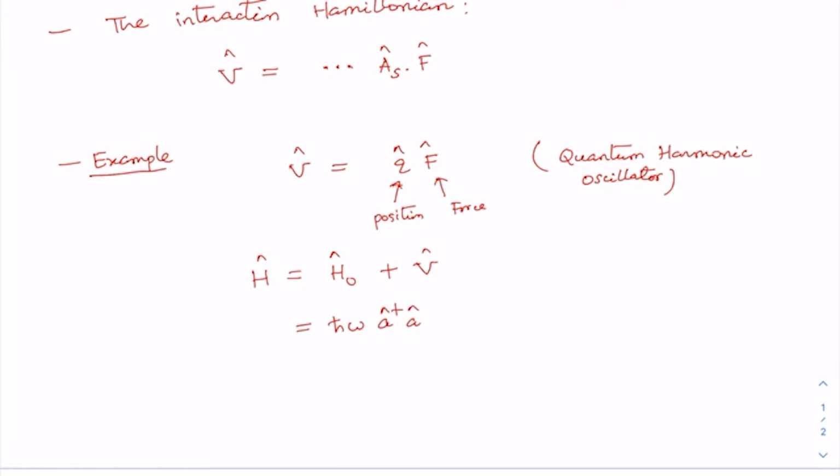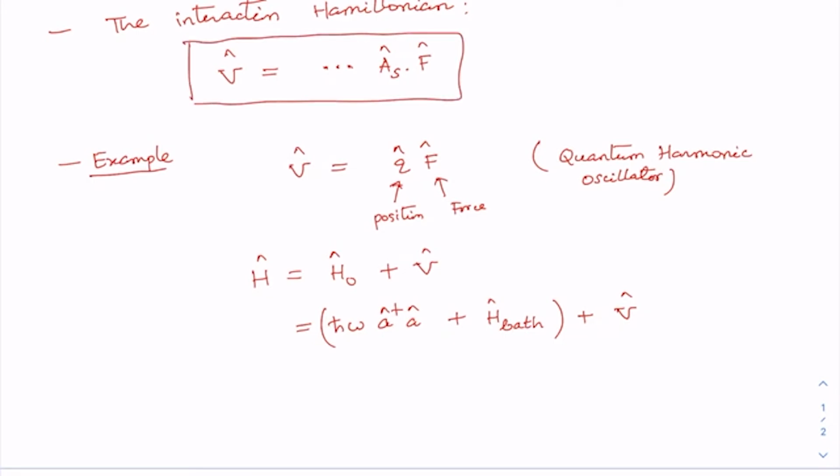Actually we also write plus half, but because the plus half part is anyway constant, we generally neglect it. And also we have the Hamiltonian due to the bath or the environment, and then we have this V term here, the interaction term. I hope you get the idea why in general we can write the interaction Hamiltonian for a system and environment in this particular form. Okay, let us go further.